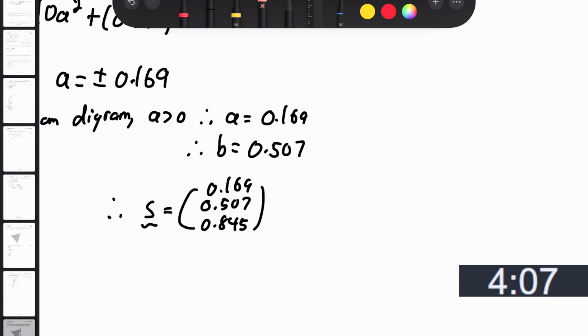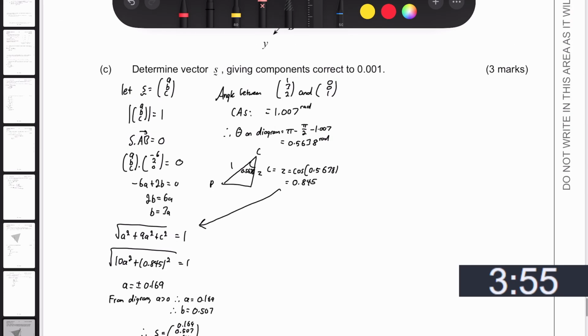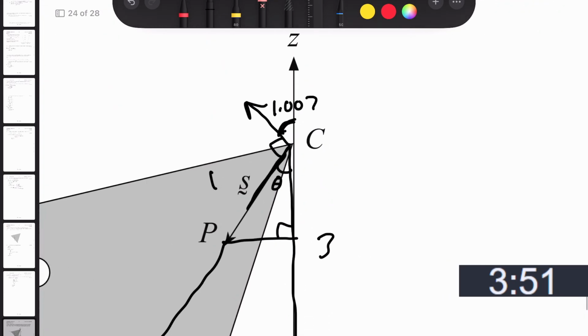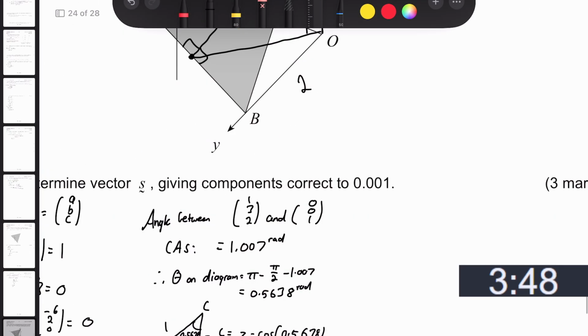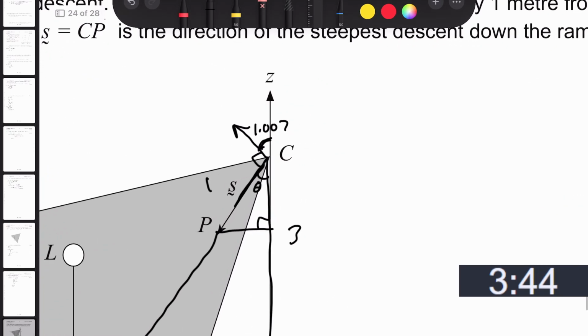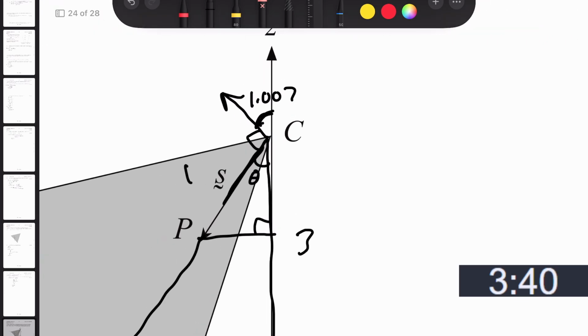If I find the normal of this, that is 1, and that does seem like it would be the steepest descent. So I think I might have actually got it. Pretty happy with that.